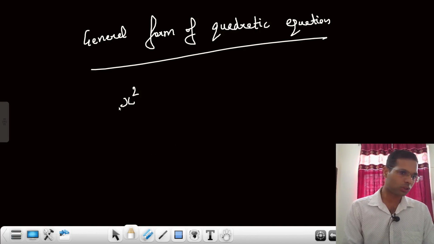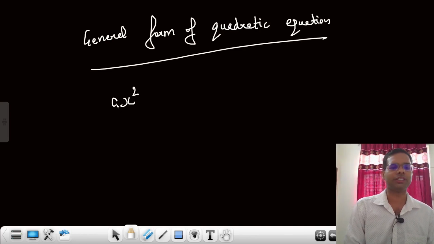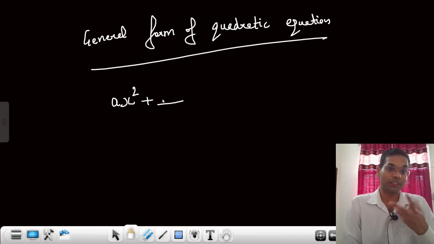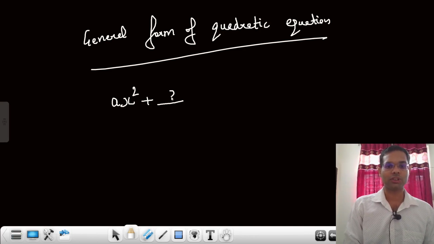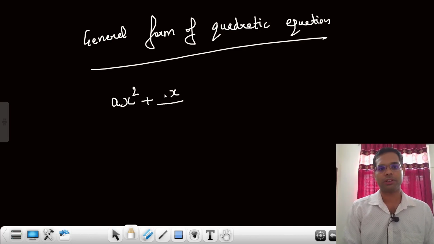Now x square should be multiplied by some number, that is called the coefficient. So let's say it's a. It can be any number. Plus, it is not necessary that an x term should be there, but it can also be called a quadratic equation if it is. So the x term is also multiplied by some number, called the coefficient of x. I'm just writing it as b.